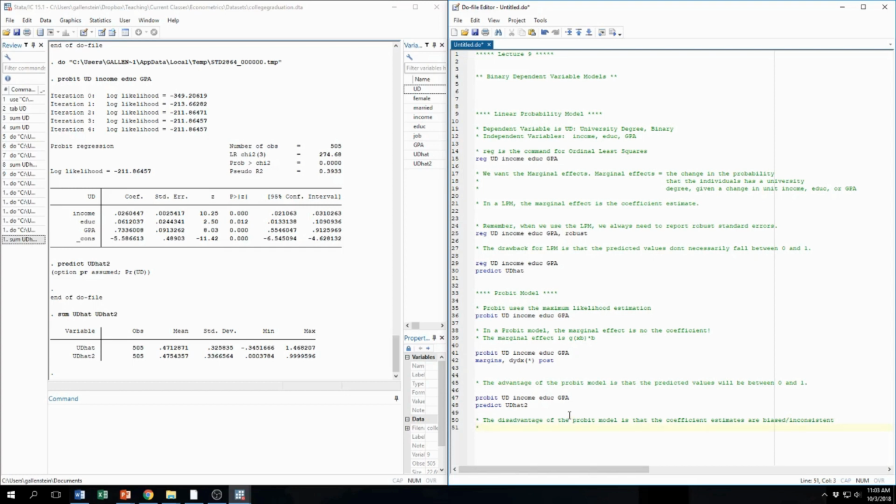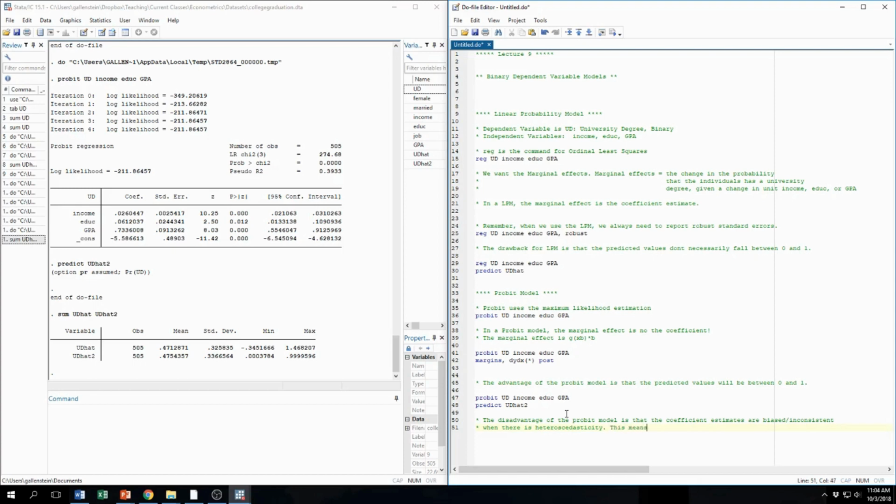This happens when there is heteroscedasticity. Now remember, heteroscedasticity is not a major problem for an ordinary least squares estimate because I can use the robust standard errors. But when I use the probit model, estimated using maximum likelihood, heteroscedasticity actually causes bias in the coefficient estimates themselves.